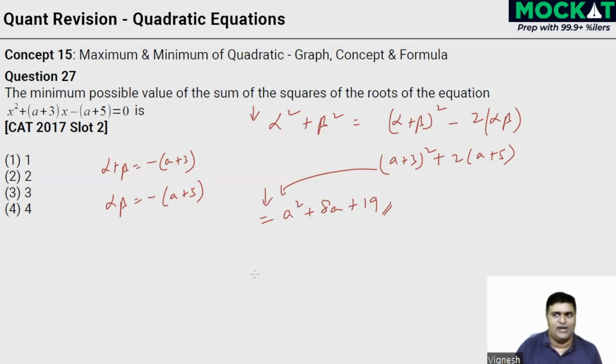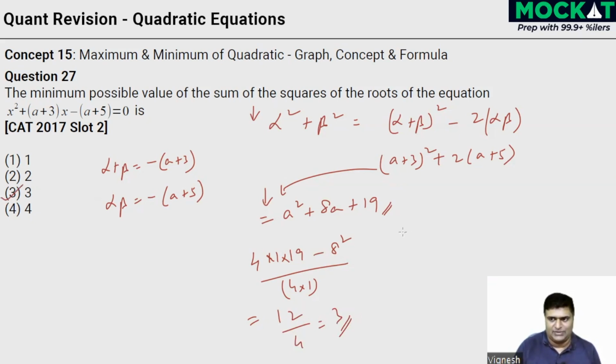That's going to be the minimum value of this expression. 4 into a into c, 1 into 19, 4ac minus b square, 8 square, divided by 4 into 1, right? So this step, what we're going to be getting is 76 minus 64, right? Earlier we had written it as 8, right? So it's 76 minus 64, 12 by 4, which comes to 3, right? Option 3 over here is the answer.